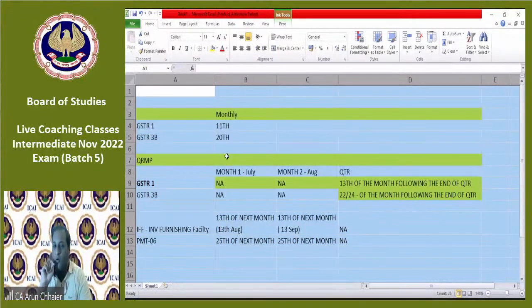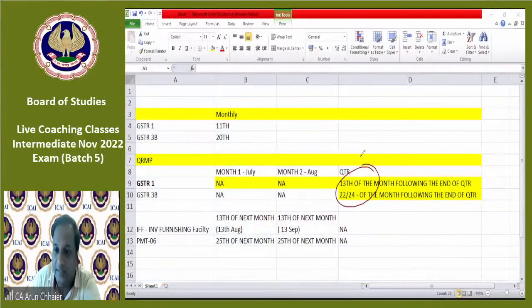Now, GSTR1 we are filing for the quarter. Please confirm. Will I put the data only for the third month? Logically think and tell me.